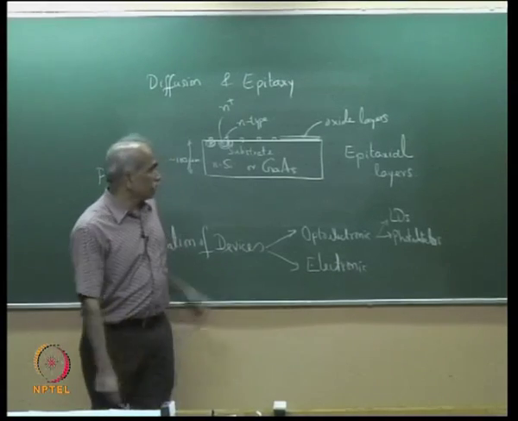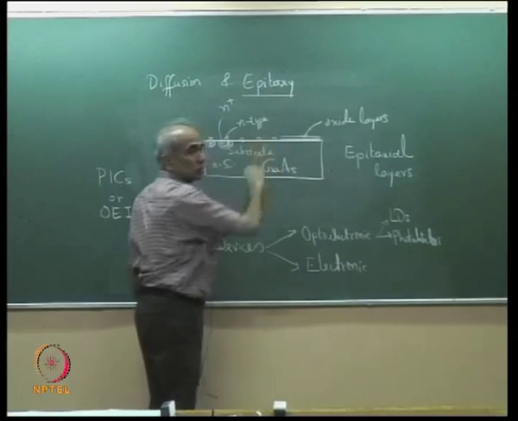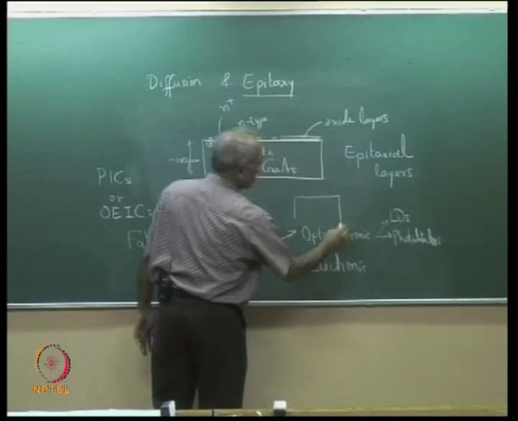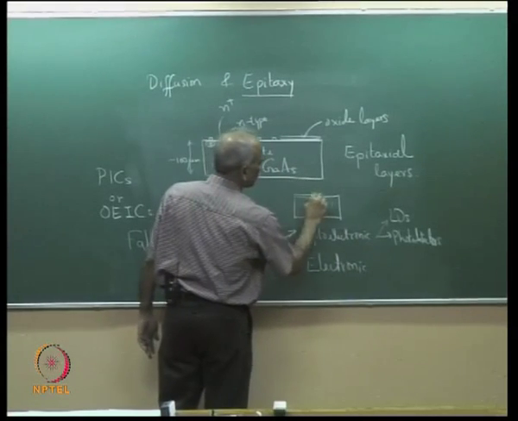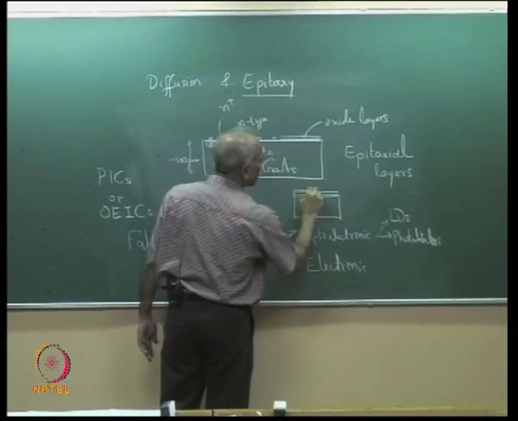Most of the optoelectronic devices are fabricated by epitaxy, which means you start with the substrate and then deposit layer by layer. So epitaxy, various types of layers.